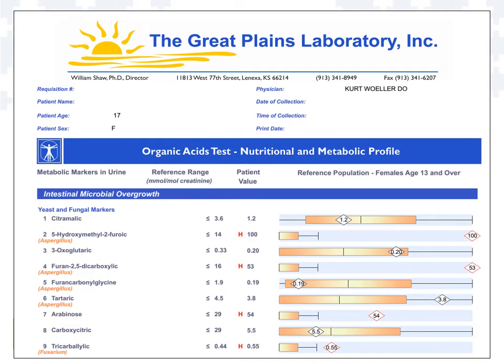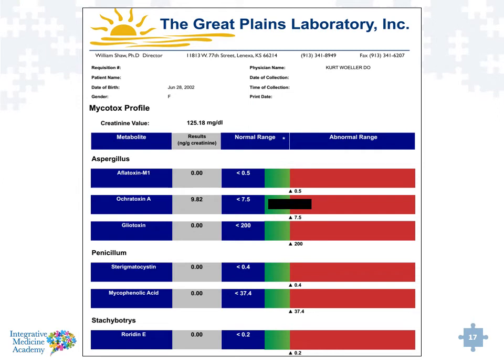Now, this individual has very high levels of markers 2 and 4. We do have a high level of arabinose, and we even have a marker here called tricarboxylic, which is linked to Fusarium mold. So we have gut colonization of Fusarium as well as Aspergillus. But when we look at the mycotox profile, the only thing elevated is ochratoxin, and any elevation is potentially significant for the individual.